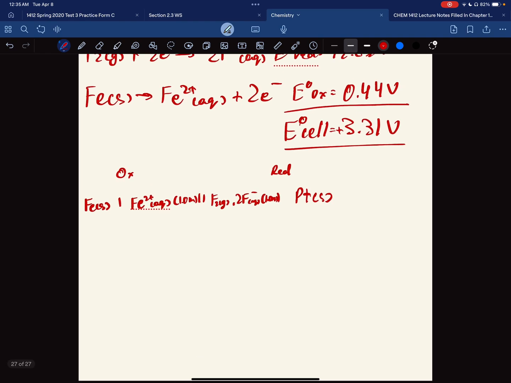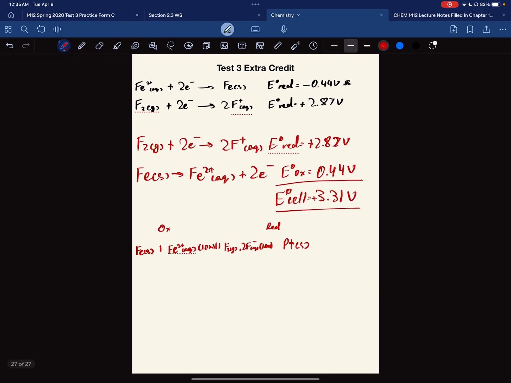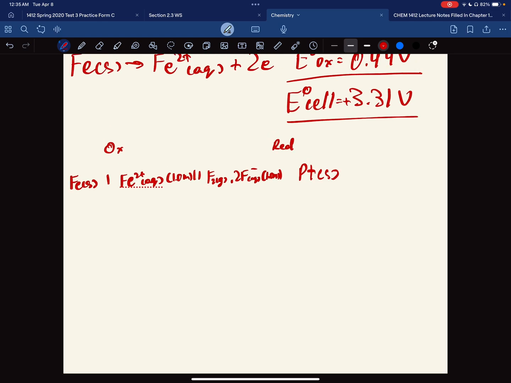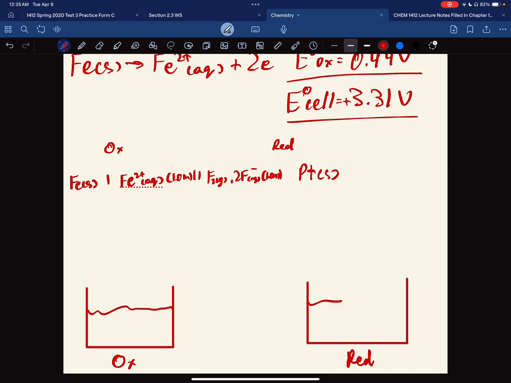So as we have our shorthand and we have our E naught cell, we are going to sketch out the cell itself. So we have two beakers. This side is going to be for oxidation, and this is going to be for reduction. So we have our fluids here.